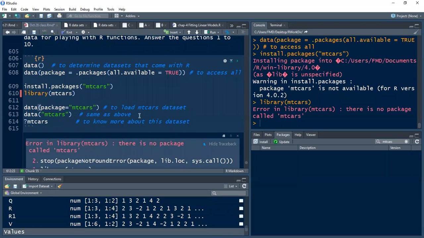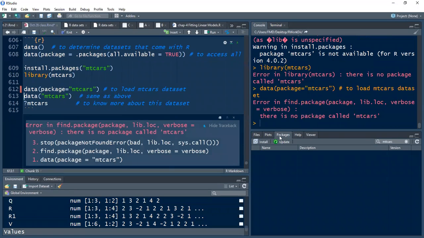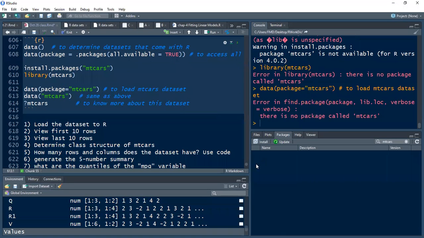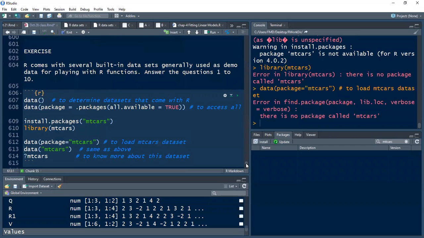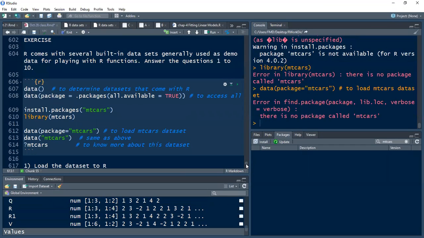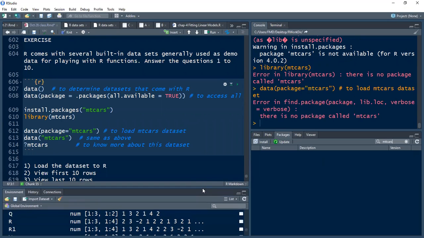But let me see this. Data, packages, data. Okay, I have to check this out first, guys. It doesn't load. All right, so I have to check this, guys, because it's not working in my RStudio version.